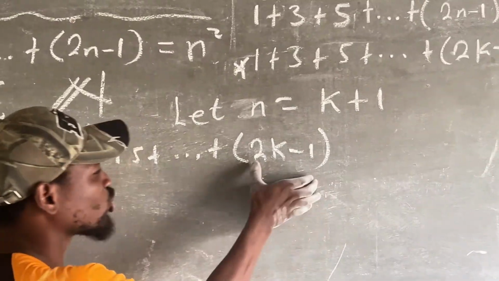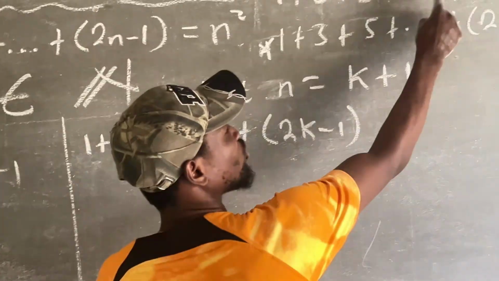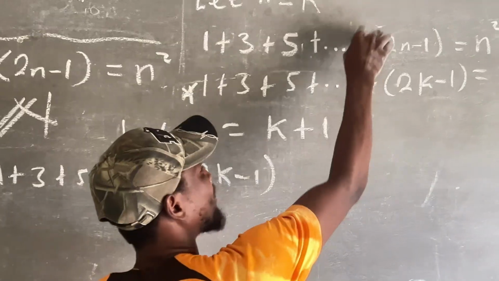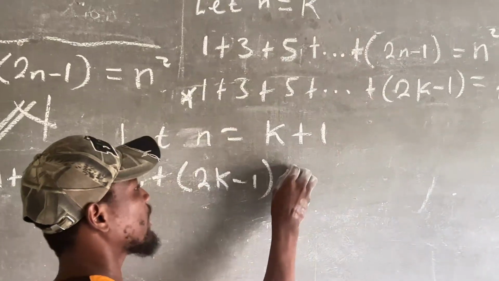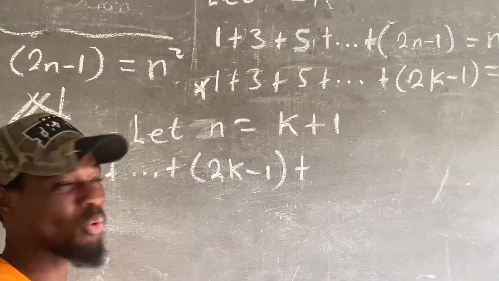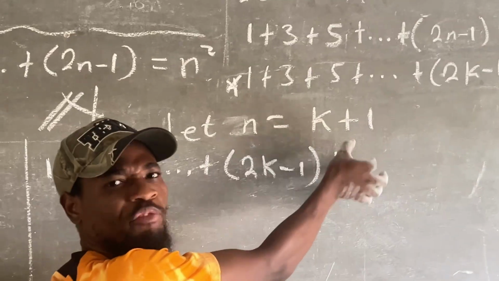Now viewers, when you get to this aspect, relax, take your time, and move on to this. You realize that here I have my plus. And we have already established that wherever you see your n, you put our new expression for n, which is what?